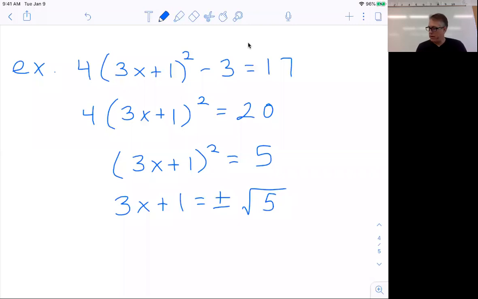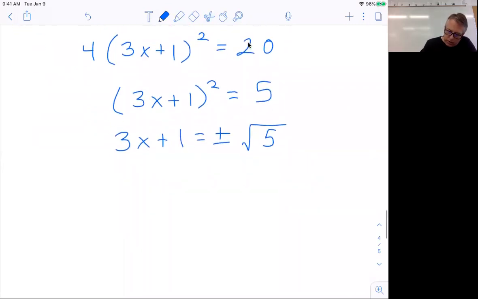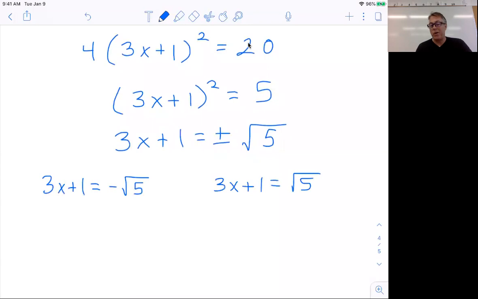Okay, but even though it's not a nice number, I still can write my 2 equations. So I have 3x plus 1 is equal to negative root 5, and 3x plus 1 is equal to positive root 5, and I want to solve it for x. I'm just going to get a weird looking answer.